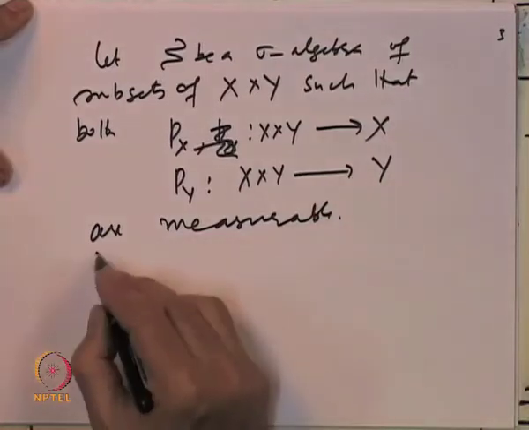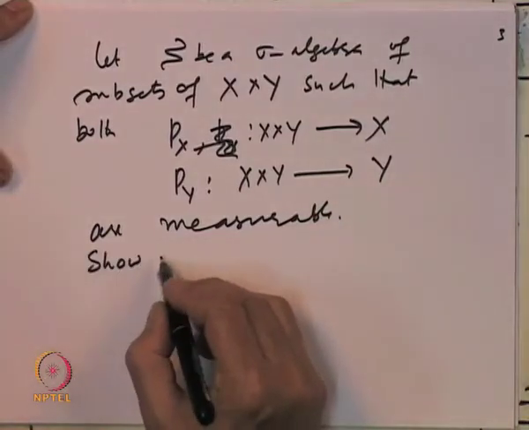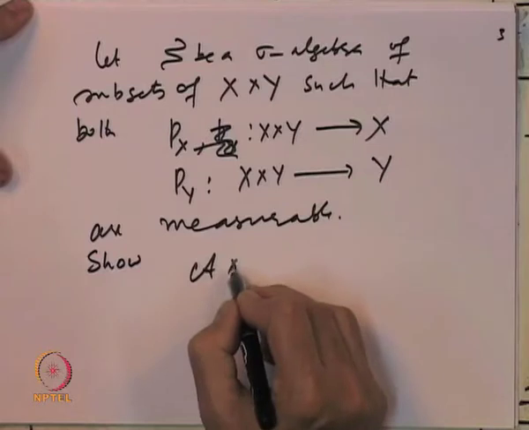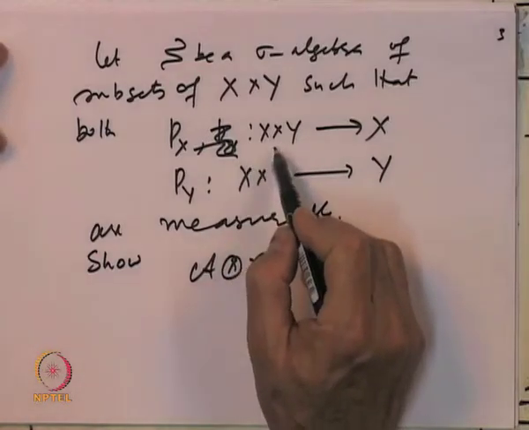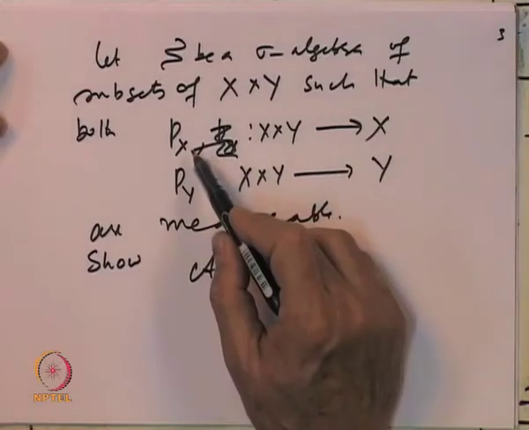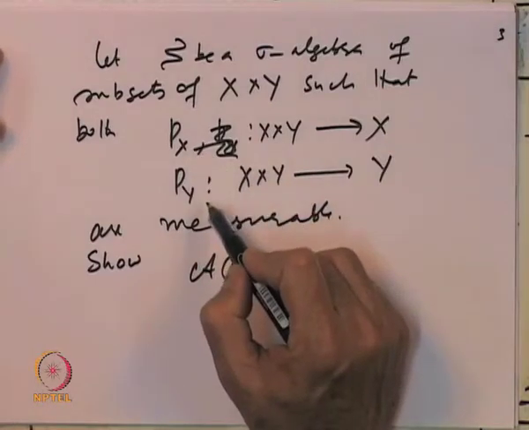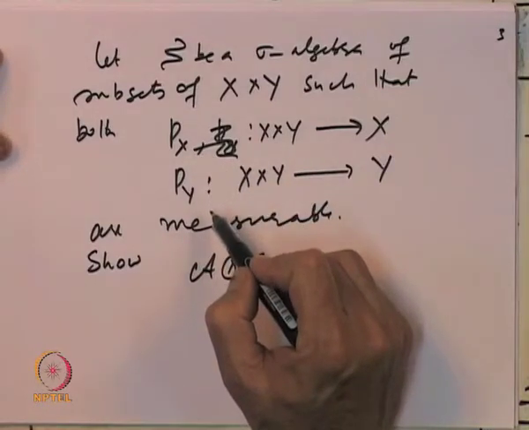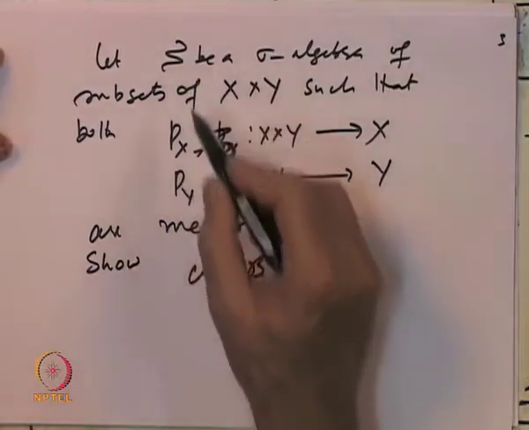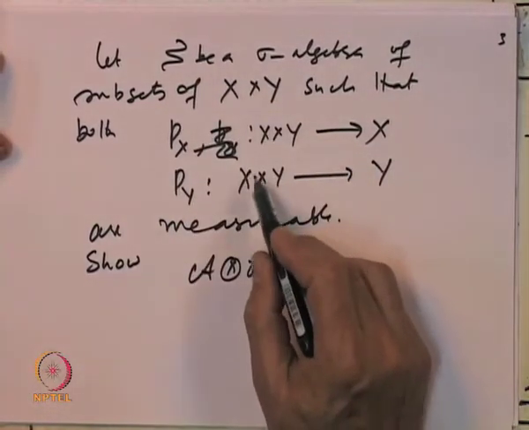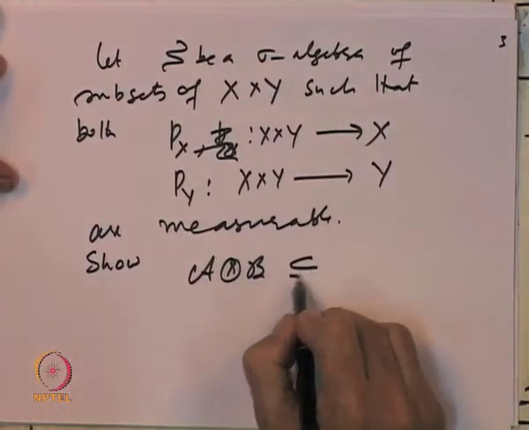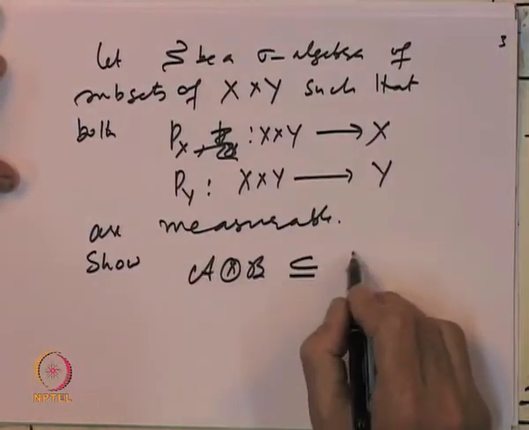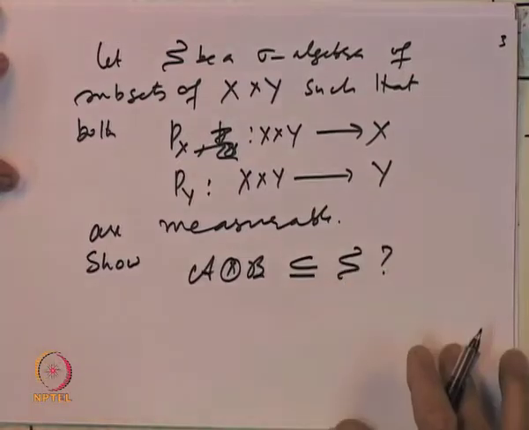We want to show that A times B is also a sigma algebra on x cross y with respect to which both P x and P y are measurable, and we want to show this is the smallest. That means, if S is any other sigma algebra such that P x and P y are measurable, we want to show that it must include A times B. So, A times B is inside S.